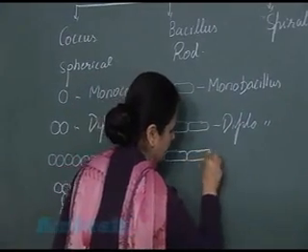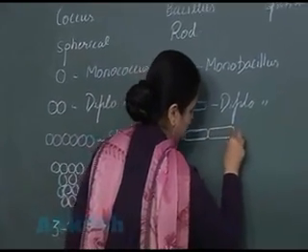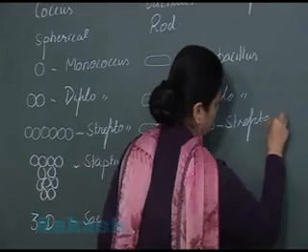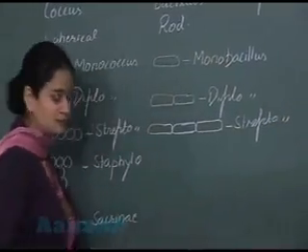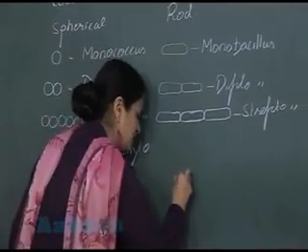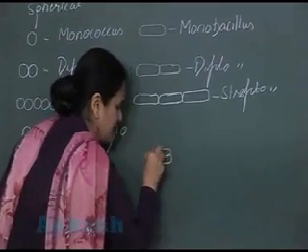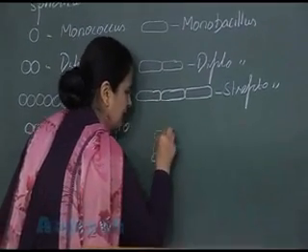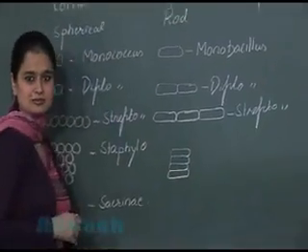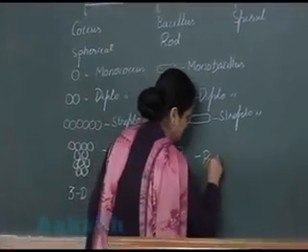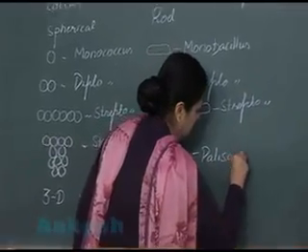Rod-shaped bacteria forming chains are called streptobacillus. Sometimes these rod-shaped bacteria are present side by side like matchsticks. This type of arrangement is known as palisade type.